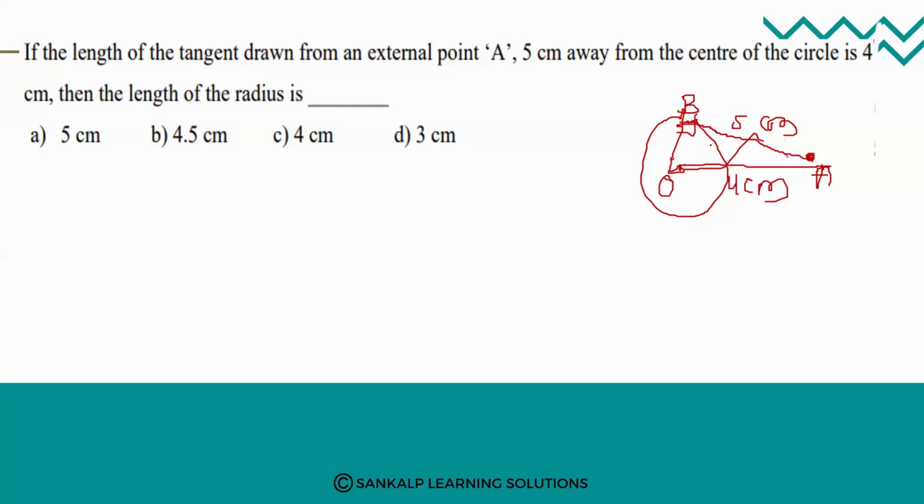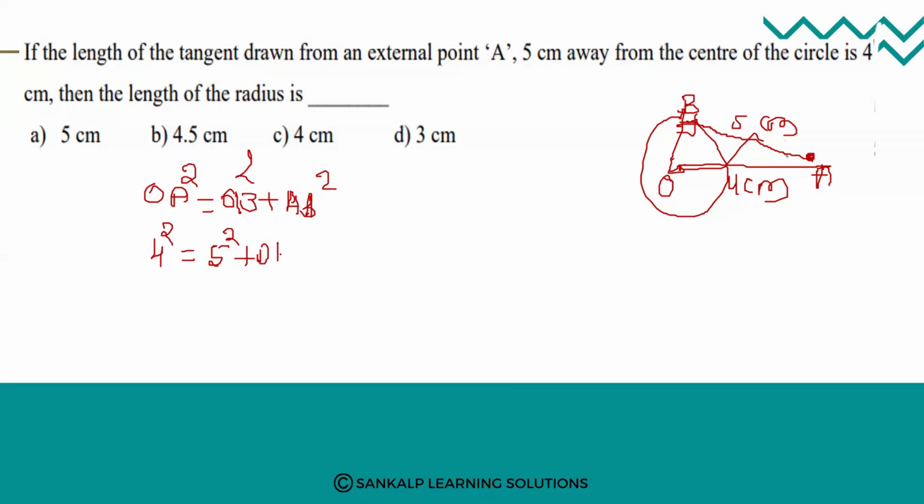Now, here it makes an angle of 90 degrees. Here also, by using the Pythagoras theorem, we can say that the hypotenuse is OA, right? So by the Pythagoras theorem, OA square is equal to OB square plus AB square. So OA is 4 centimeters, that is 4 square is equal to 5 square plus OB square.